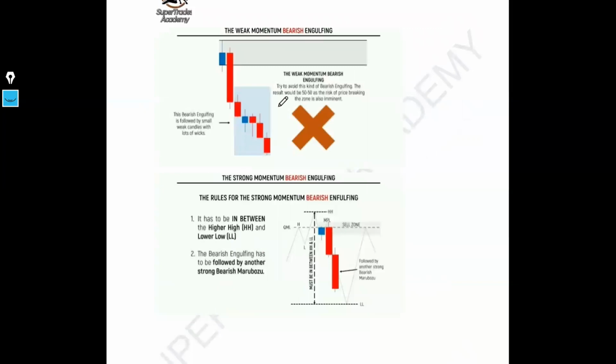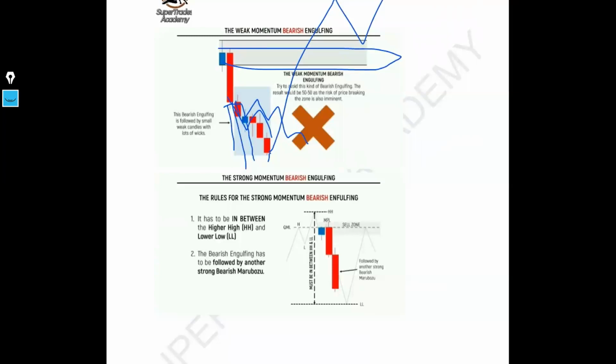So this is correct, straight from this zone. This one is not valid, because the market can come, pitch and keep going up. So you have to look for Marubozu candles, like two or three, in order for this zone to be valid.